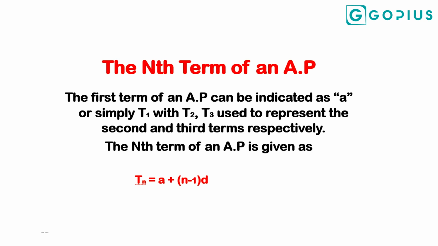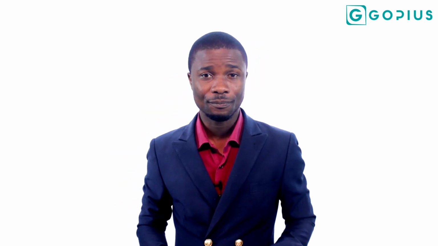Mathematically, there should be a way to find a particular term without generating them one after the other, because in the exam hall you want to be efficient. So there is need for a formula called the nth term of an AP, which you can use to find any particular term you are looking for.